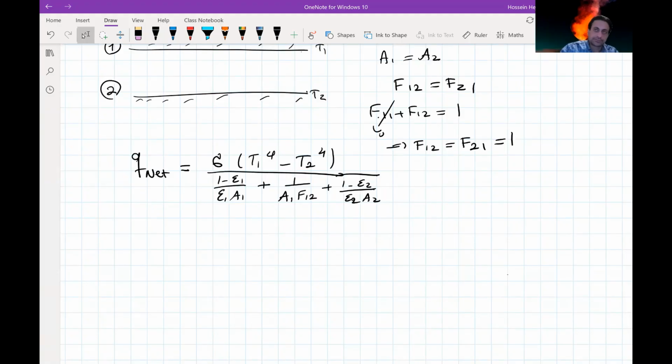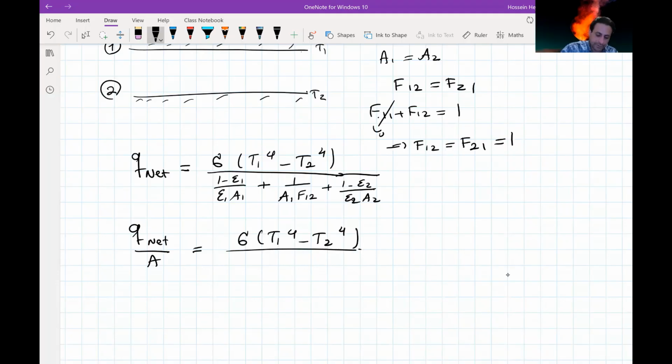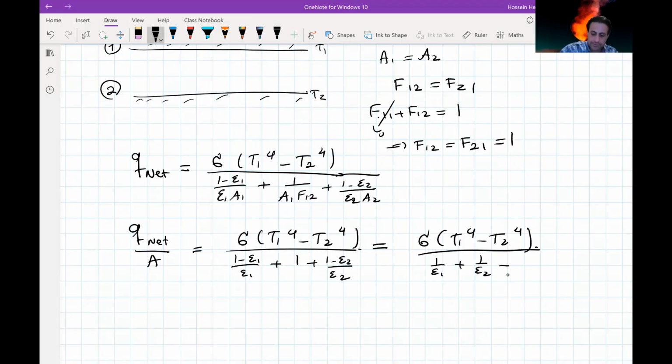Now, the areas are going to be the same. If I divide that, so Q net over the area, the flux is going to be sigma (T1 to the power of 4 minus T2 to the power of 4), divided by (1 minus epsilon 1) over epsilon 1, plus F12 is 1, plus (1 minus epsilon 2) over epsilon 2. And that's going to be sigma (T1 to the power of 4 minus T2 to the power of 4), divided by (1 over epsilon 1 plus 1 over epsilon 2 minus 1).